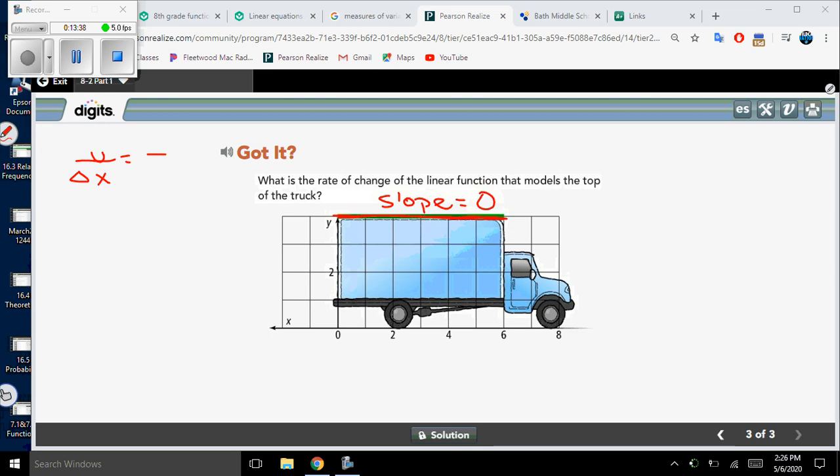And then remember, the slope on this guy is no solution, because if I look at it from a rise over run perspective, there is no run. Okay, and so we'd have 0 on the bottom, and of course we cannot have 0 on the bottom, so that's why it's no solution. All right, so on this particular question, your slope is 0, which should make some sense to you.